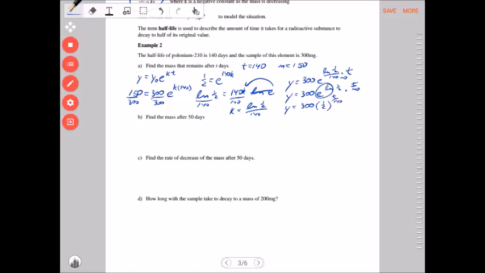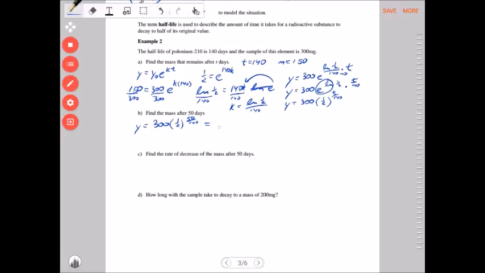Now that's starting to look more like the physics 30 and the math 30-1 formulas. Anyways, find the mass after 50 days. So y equals 300 times 1/2 to the 50 over 140. And when you type that into your calculator, you end up with 234.2 milligrams.